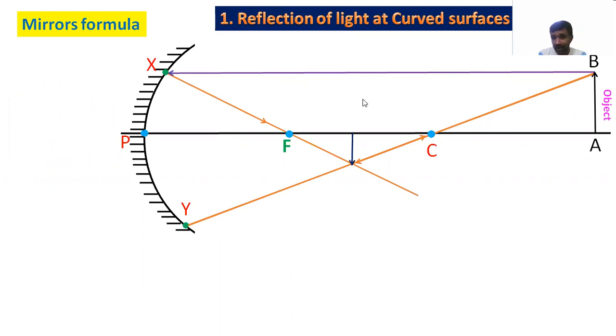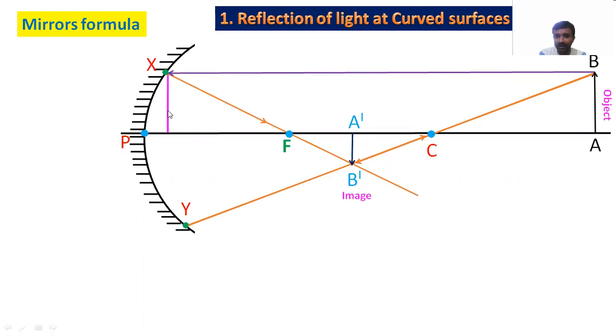So here I have shown the object at a point A, and AB is the height of the object. Then the image point I am identifying as A dash, and the top of the image is B dash. So A dash B dash is the image of object AB. Then at a point X on the concave mirror, I am drawing a perpendicular line onto the principal axis.